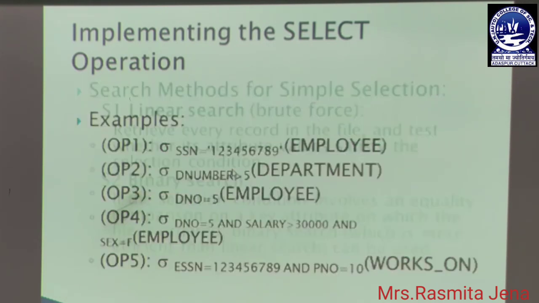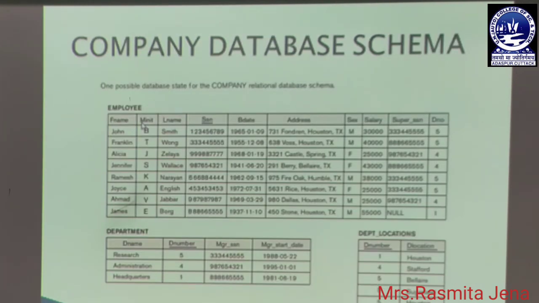In a very simple way, this is the employee relation, and we compare the SSN value with the SSN value of every tuple that exists in the employee table; the tuple that matches will be retrieved. Let us say the SSN is 666884444.